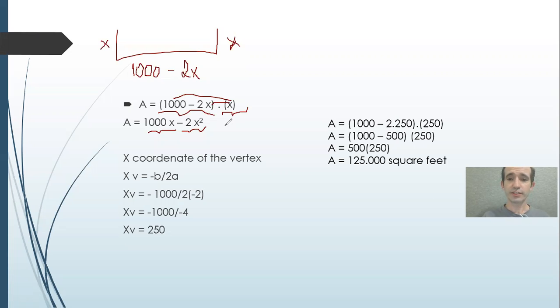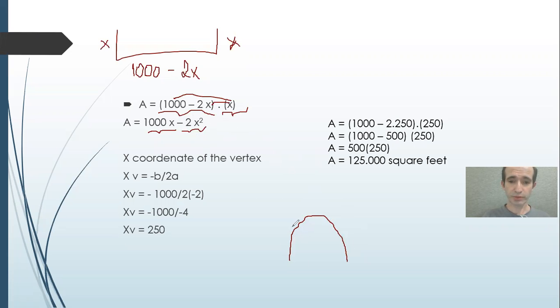All right, and how do we calculate x in order to get the maximum area? Remember that we are working with a standard pattern of equation. We have here an equation whose graph is a parabola, and we have the minus in front of 2x squared.